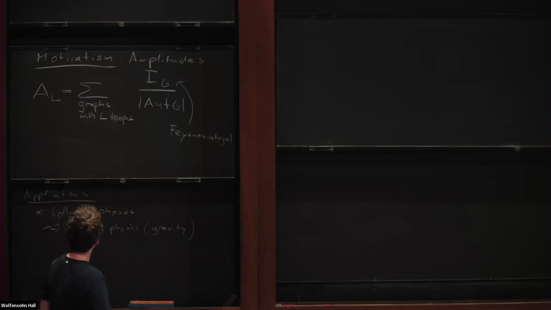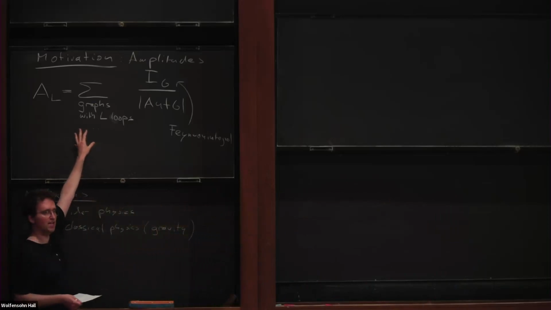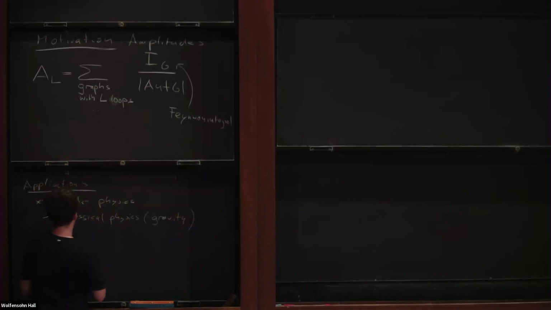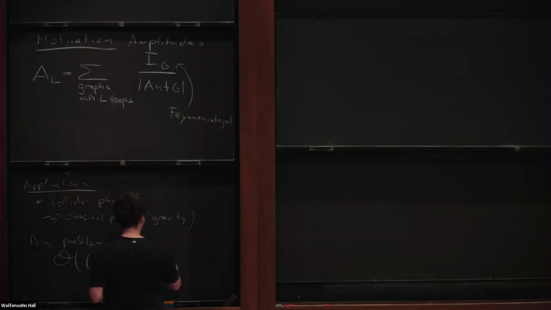This is a problem because this formula has a very big caveat: there are many of these graphs. The big problem of this perturbative approach is that there are of order (L plus m) factorially many Feynman diagrams or Feynman graphs.